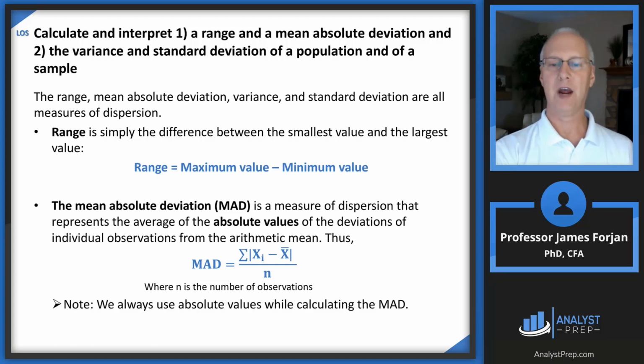Think about back in those 30 Level 1 CFA candidates. We're going to take each one of those numbers, like 67 and 81 and 103 and 122 and 124, subtract each from the mean, add those together and divide by 30, and that's going to give us the mean absolute deviation.